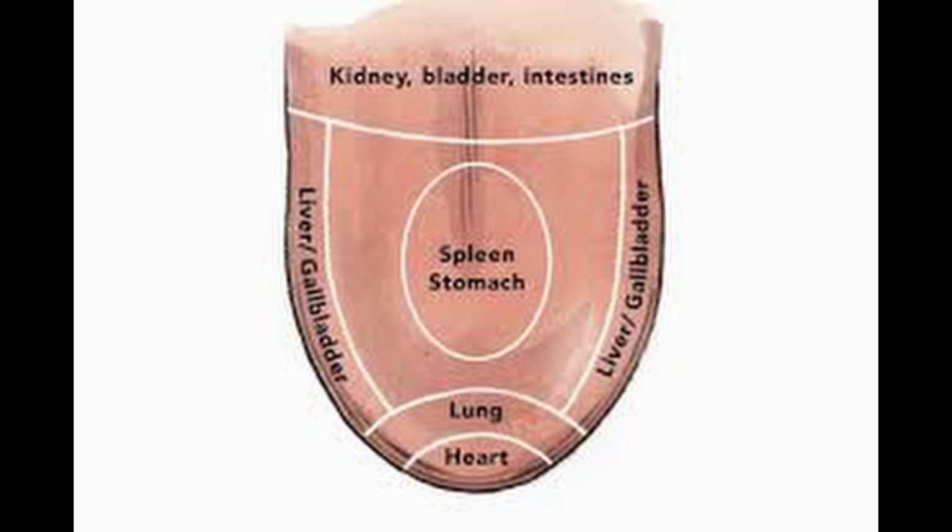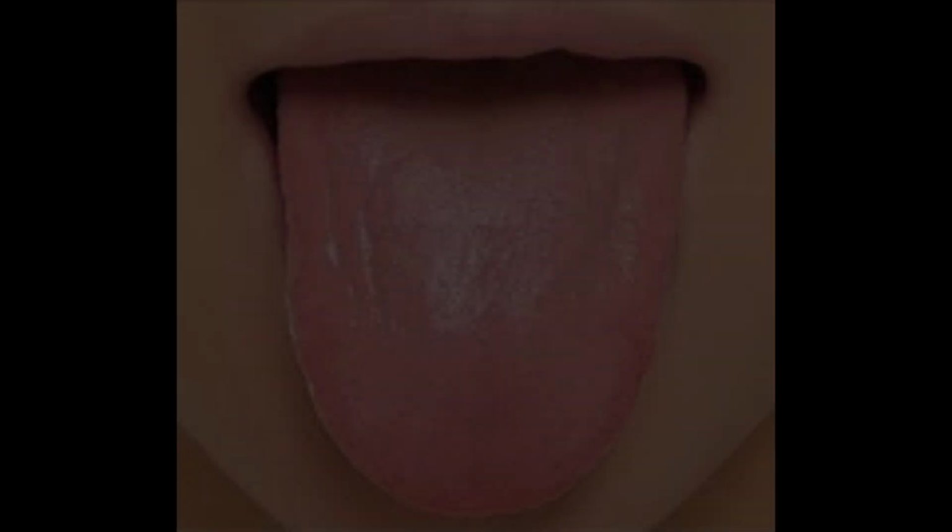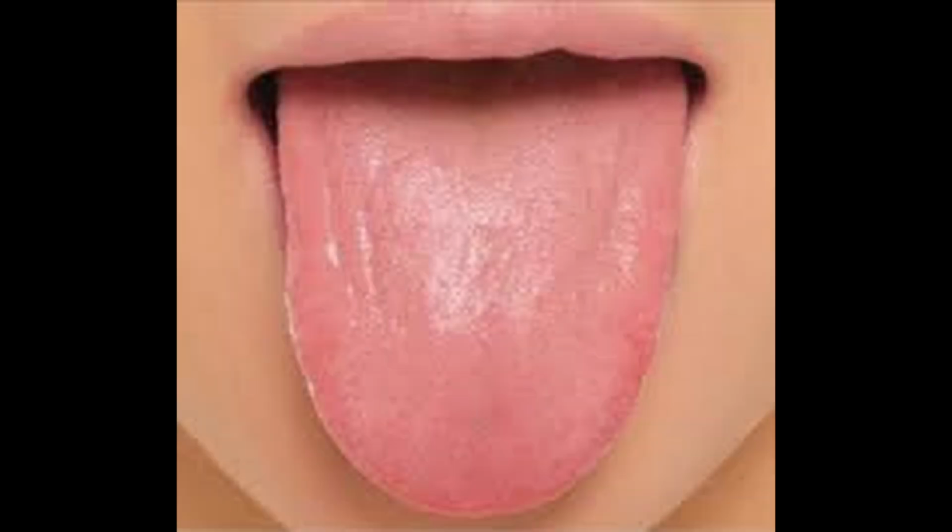So what we want to see here, we want to see no cracking for one. We also want to see a healthy tongue coating. And so what that looks like is just a thin white coat is perfect. If we have a very thick coating, a sticky, damp, wet, right, or very thick kind of coating, this is too much fluid, too much dampness.